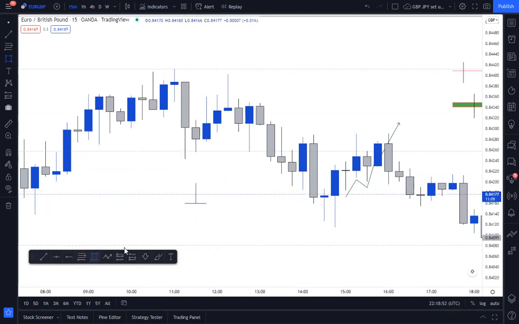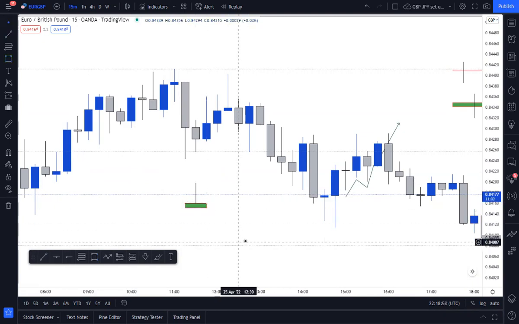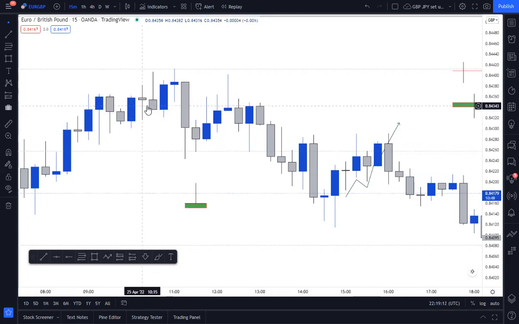But as long as you see a little body form, you can call it a hammer or a shooting star. I don't have the strength to cram all those names. Just know that this candlestick is also the same thing as this candlestick, and also the same as this one, as long as you see a body forming.